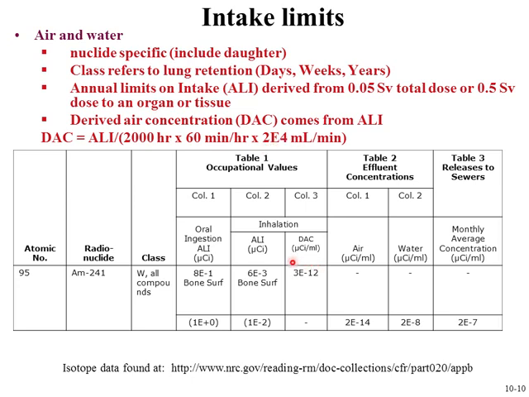And as you can see, your derived air concentrations are extremely small values, and they're listed in microcurie per milliliter. The values are shown here. And you can go to this website and get all this information for any radionuclide.